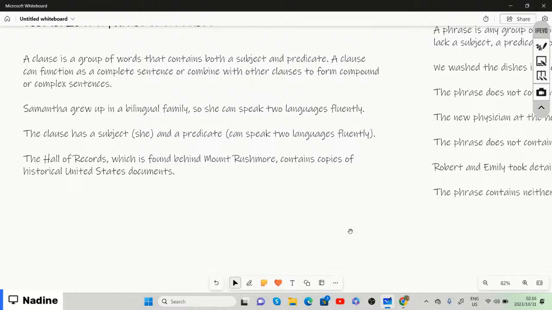For example, Samantha grew up in a bilingual family, so she can speak two languages fluently. The clause has a subject, which is she, and the predicate, which is can speak two languages fluently.